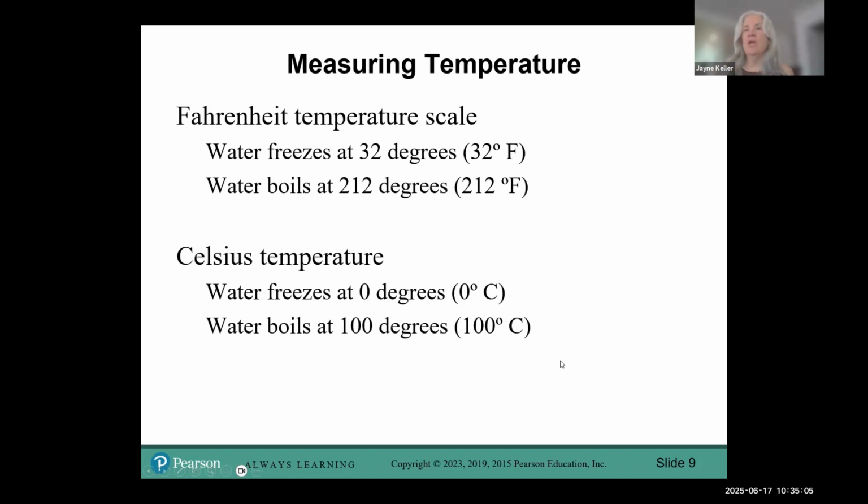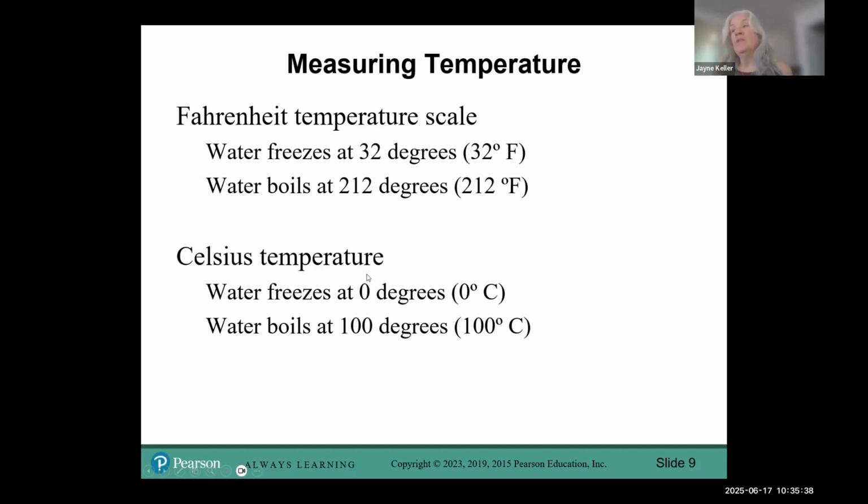So that kind of helps you visualize how warm and cool various temperatures are. Fahrenheit, if you grew up in the United States, you're used to that as well. And these are kind of some odd numbers because these were based on other things than water. But we usually relate it to water because we're familiar with how cold it needs to be for water to freeze and how warm it needs to be to boil. So water freezes at 32 degrees and boils at 212 degrees Fahrenheit.